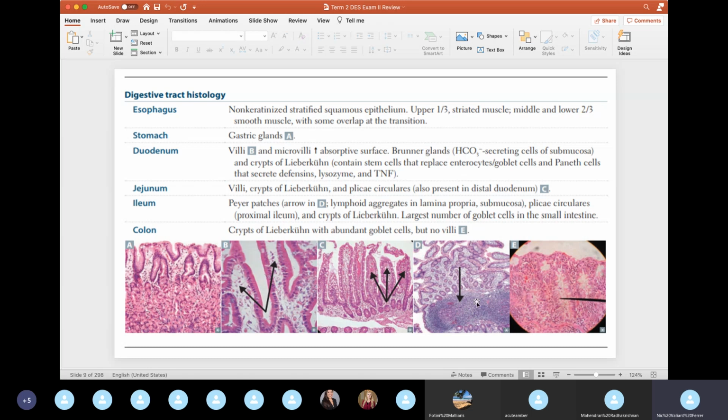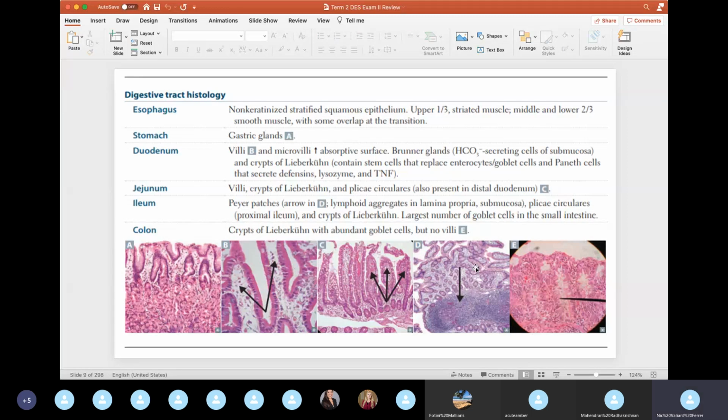Next, D. Look at D. There's a very distinctive feature there that's highlighted by the arrow. The Peyer's patches. Excellent. So when you see Peyer's patches, think of the ileum. There's a vitamin that's very important, absorbed in the terminal ileum. What is that vitamin? B12.